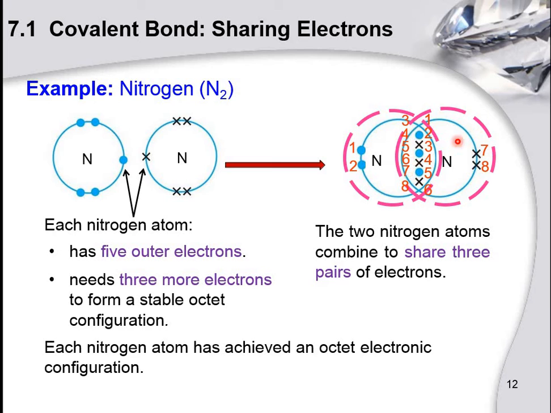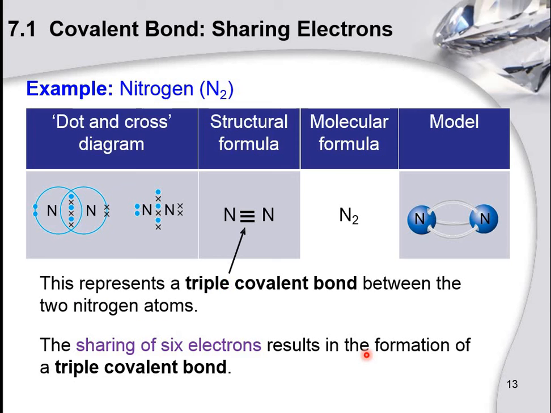So here they overlap, and in the middle you have 1, 2, 3, 4, 5, 6. Each atom counts 1 to 8, so both of them are now stable. The two nitrogen atoms combine to share 3 pairs of electrons. At the end each nitrogen atom has achieved an octet electronic configuration.